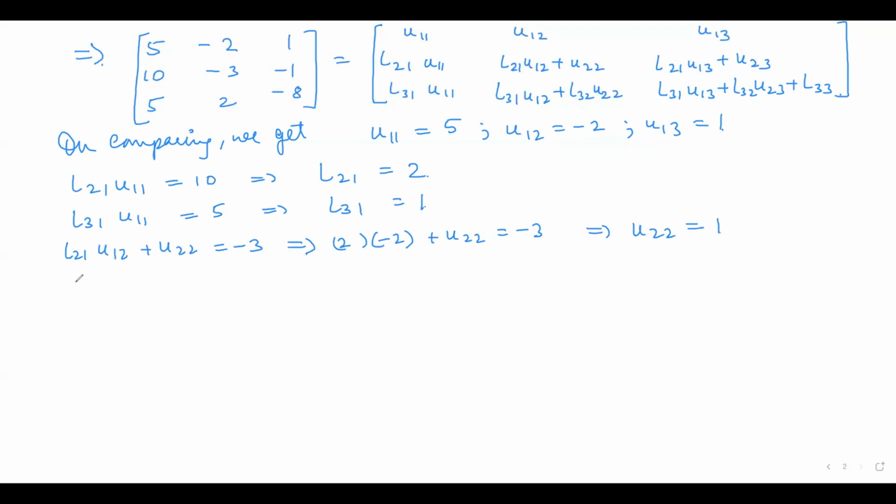Now L21 U13 plus U23 is equivalent to minus 1. L21 is 2, U13 is 1, so U23 is minus 1 and minus 2, that is minus 3. Very easy to calculate all the values.